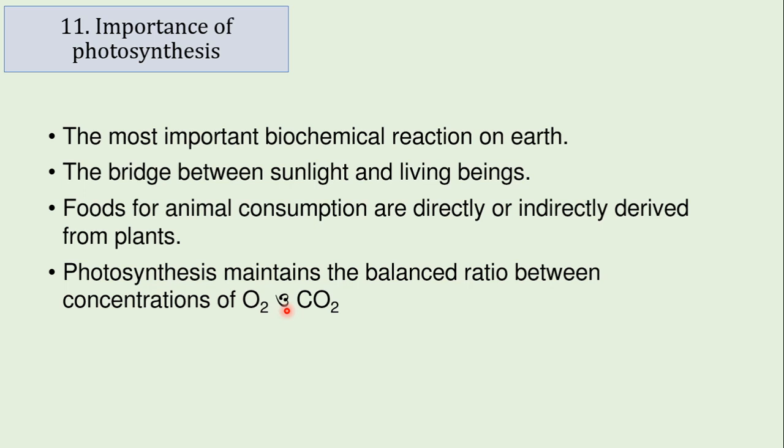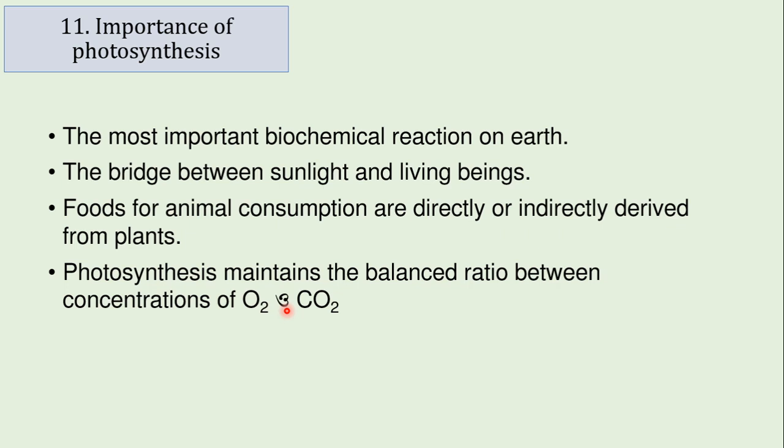But what is happening now after the post-industrial period? Burning of fossil fuel is increasing the amount of carbon dioxide, and burning or cutting down trees is decreasing the amount of oxygen.